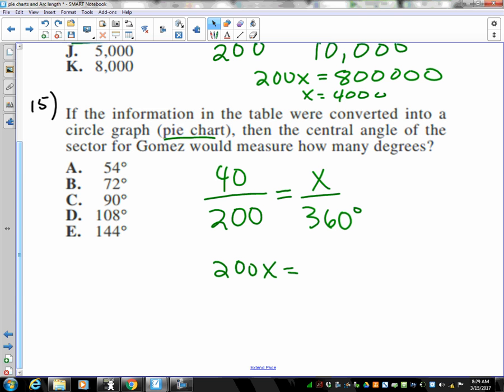Now, we got 40, cross multiply, 40 times 360 is 14,400. And then 14,400 divided by 200 is 72. That will be in terms of degrees, since it's an angle, 72 degrees.